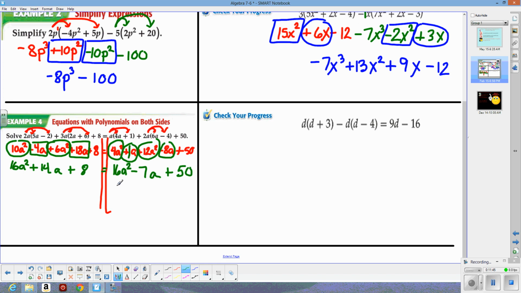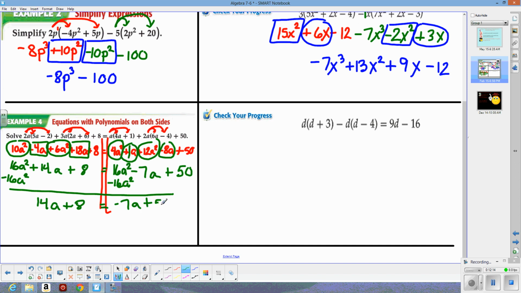Now I'm going to start by subtracting this 16a squared from both sides, and then that will disappear. And we are left with 14a plus 8 equals negative 7a plus 50.